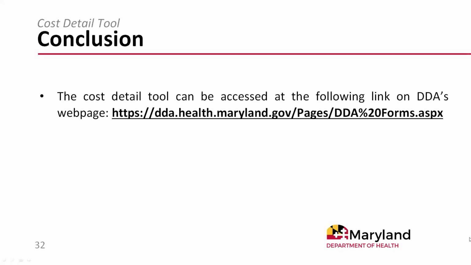The cost detail tool will no longer be needed because the PCP created in LTSS will establish the service, the units, the scope, and the total cost, therefore providing the budget whether you're in traditional or self-directed.